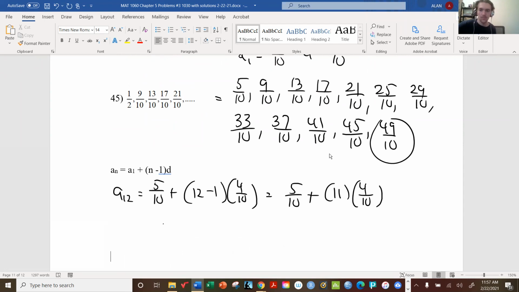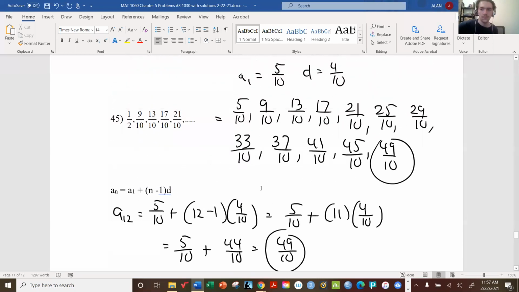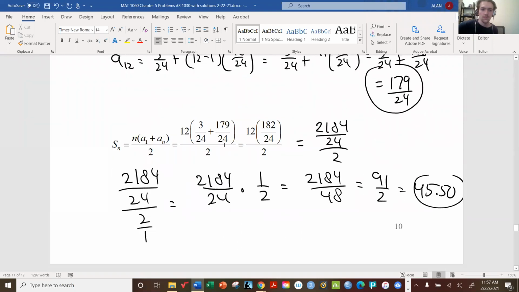All right, so we're going to end up with 5/10 plus 44/10, 49/10. Okay, and then finally, at long last, we only have one step to go. That's the sum. Let's go grab that.